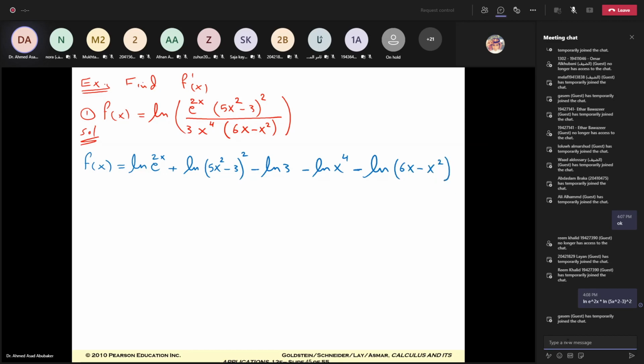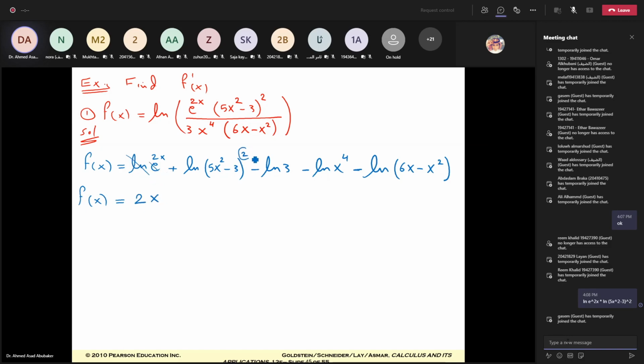Okay, now we have the properties also. Ln can be removed with e, so we have 2x.